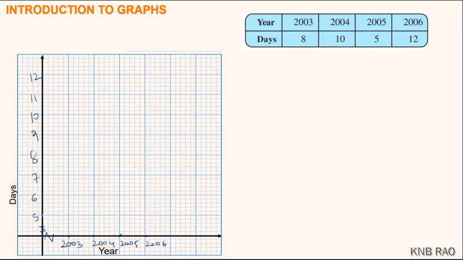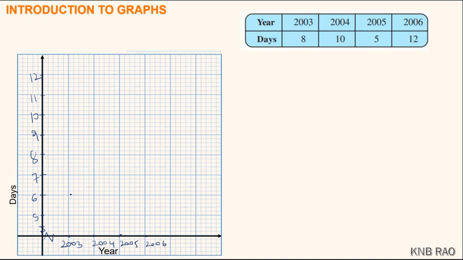Now the moment I considered scales, here the scale for me is 1 unit equals 1 day on vertical axis. On horizontal axis 1 unit equals 1 year.